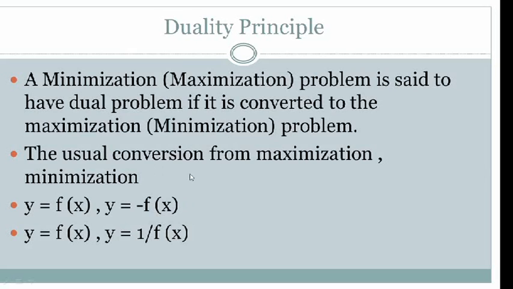The usual conversion, some mathematical forms are: if y equals f(x), then the dual may be formulated as y equals minus f(x). Or another way, if y equals f(x), then the dual problem may be constructed as y equals 1 by f(x).